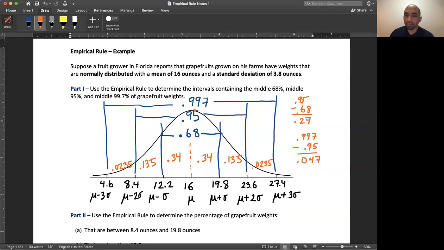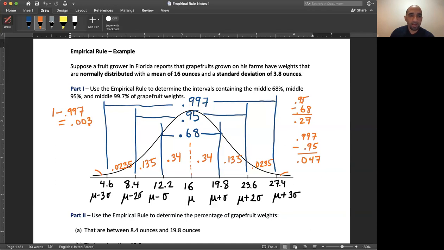But 100% of the distribution is represented by this model, so we don't want to lose anything. To get the percentages in these tiny tails here, we have to figure out, what are we missing? Well, 1 minus 0.997 is 0.003.